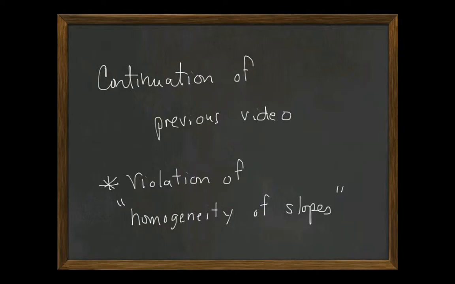So what we're doing, this is a continuation of the previous video, and at the end we realized that we had violated a lot of the assumptions. Again, the violation of the normality assumption concerns me a little bit. Violation of the equal variances, these two assumptions fall under the ANOVA heading.